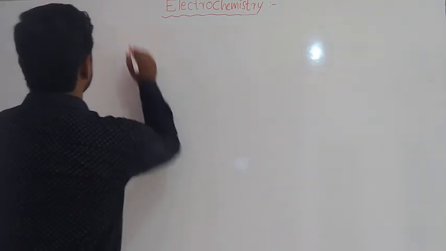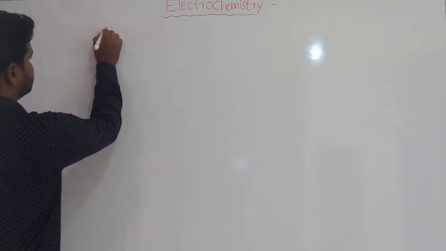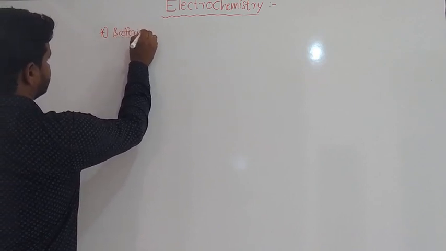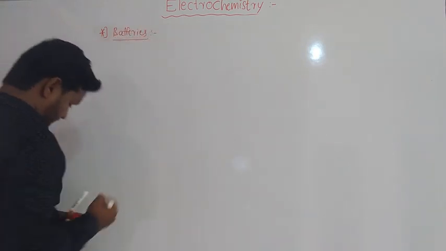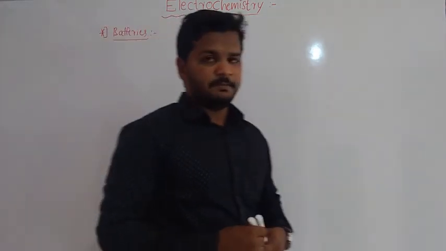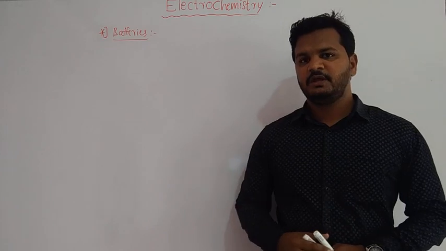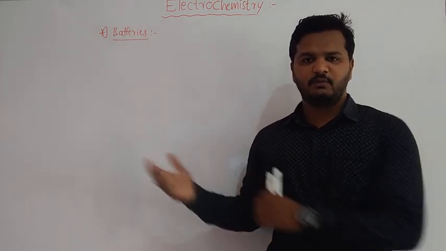Next, one more concept in electrochemistry, that is batteries. Students, what is meant by batteries? Batteries are the source of electrical energy. It is a type of galvanic cell.